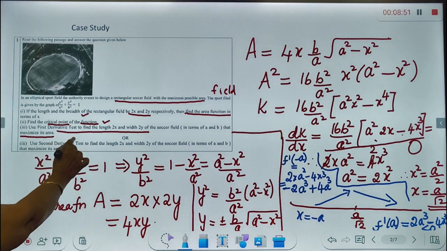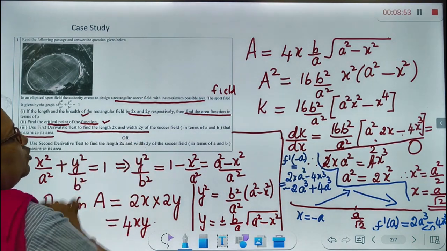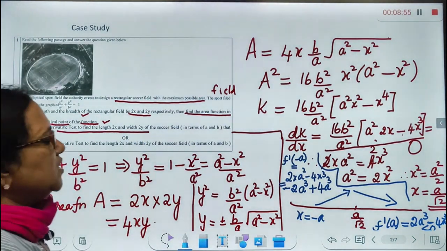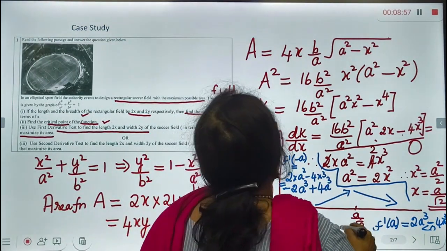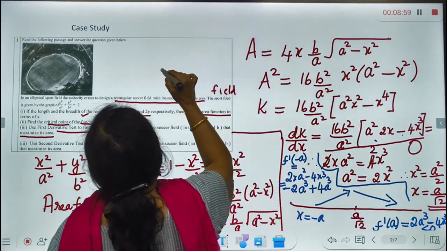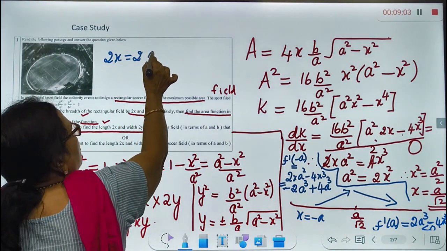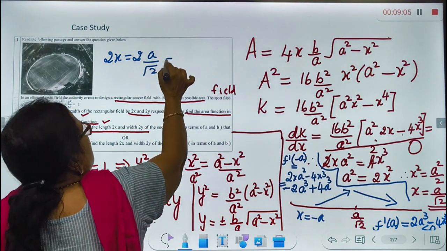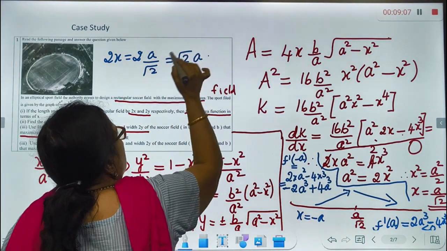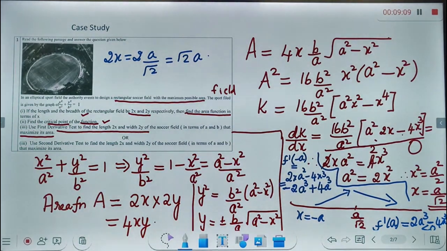So, use first derivative test to find the length 2x and 2y. X is a by root 2. So, what will be 2x? 2x will be 2 into a by root 2, which is root 2a. What will be 2y?